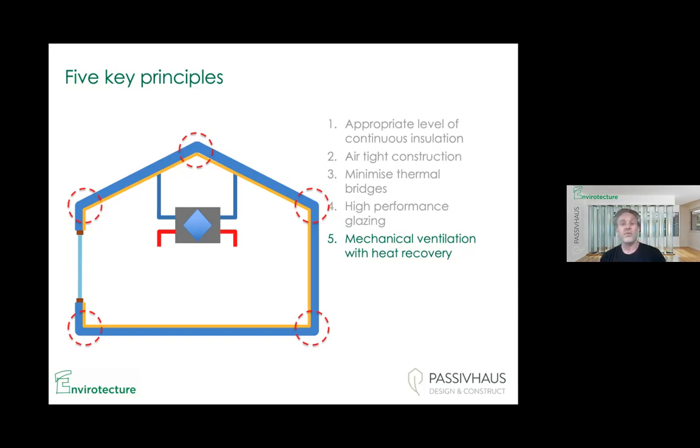So a mechanical heat recovery ventilation unit, they come in various shapes, sizes, forms. But in new builds in particular, they will tend to be a central unit. They pump fresh air into all of the living and all the places where people spend time. So living rooms, bedrooms, studies, that kind of thing. And they pump fresh air into there 24/7, low volumes, but always putting fresh air in.